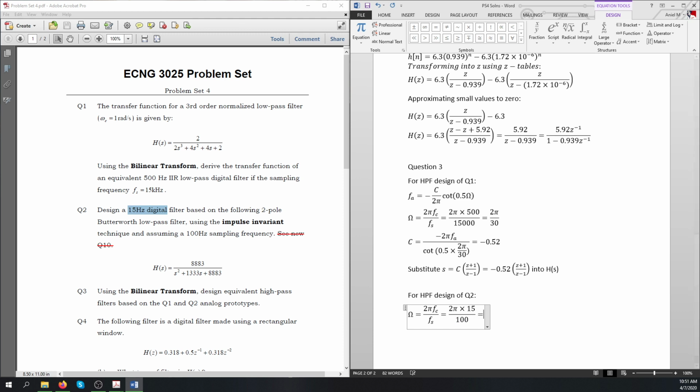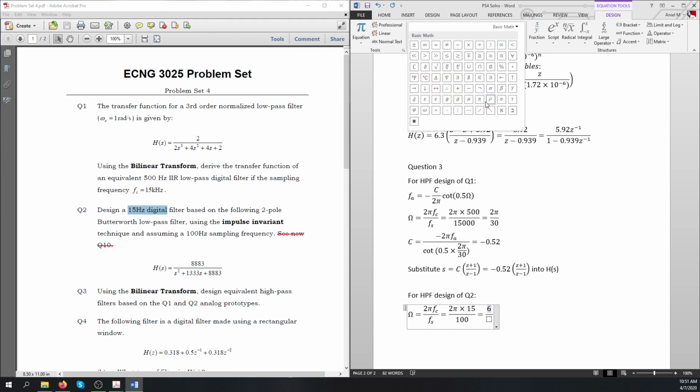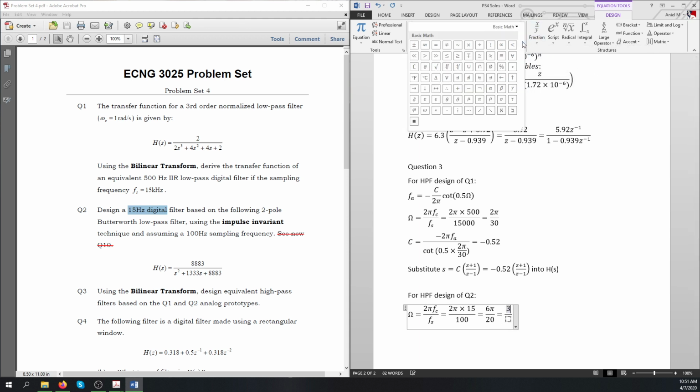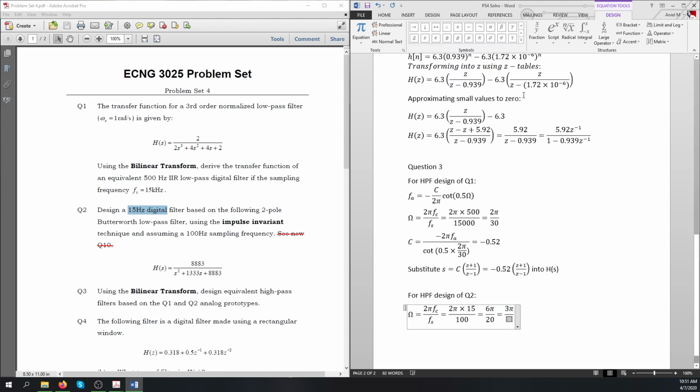So this entire thing here, I'm just leaving it in terms of pi for simplicity, would be 6 pi divided by 20, and this can reduce down further into 3 pi divided by 10.